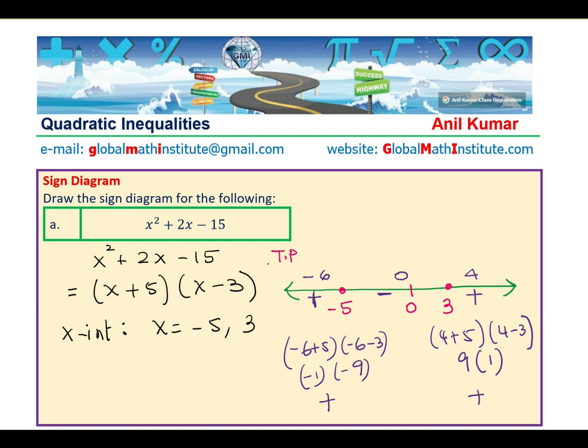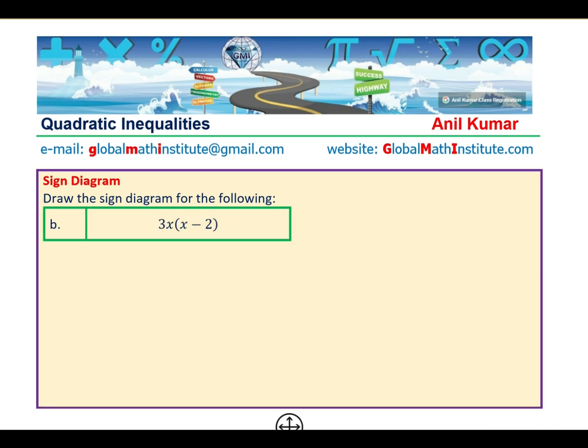So you see that the graph in this particular case will be positive from minus infinity to minus 5, negative between minus 5 and 3, and positive after 3, right? So that is how we make a sign diagram. This becomes the sign diagram for us. I hope it makes sense. With this concept, let's move forward and take up more questions.